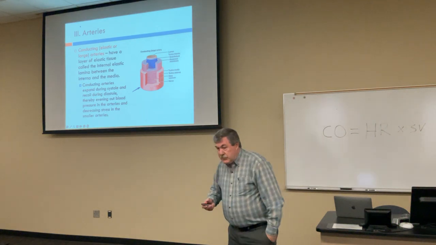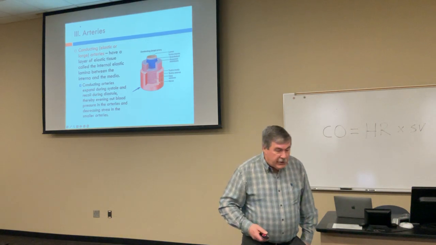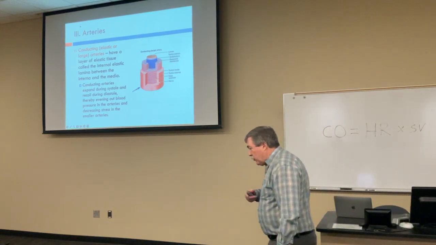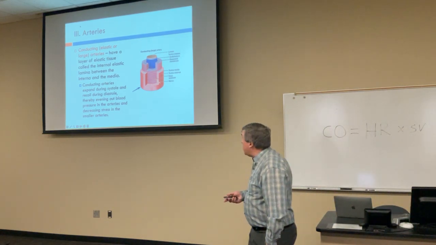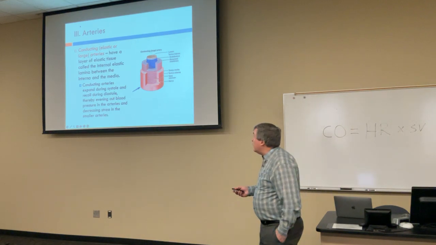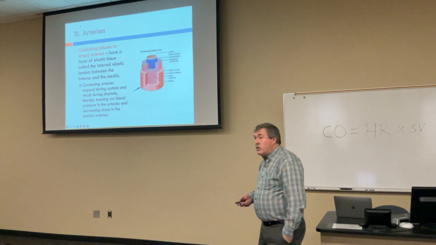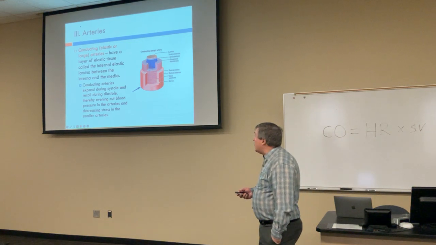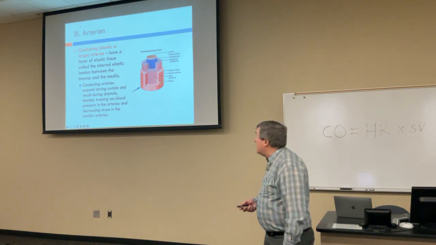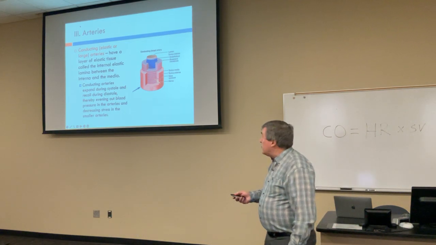All right, so let's take a look next at arteries. Remember, both arteries and veins have those same three layers, but the composition of some of those layers is different. The very largest of the arteries are called conducting or elastic arteries, or just large arteries.